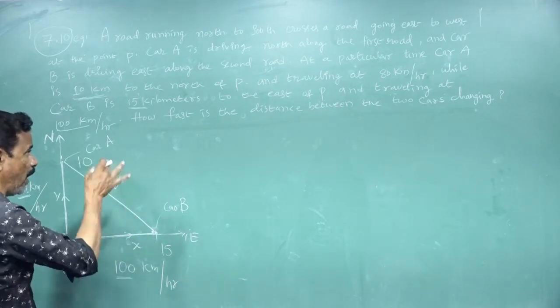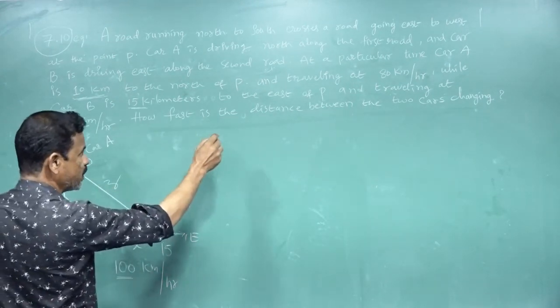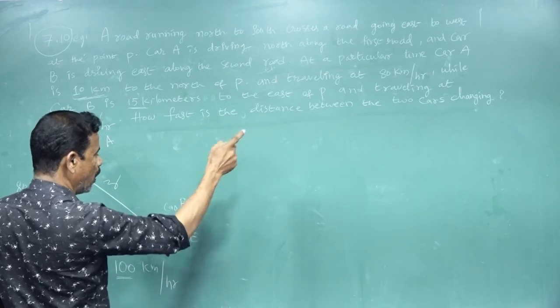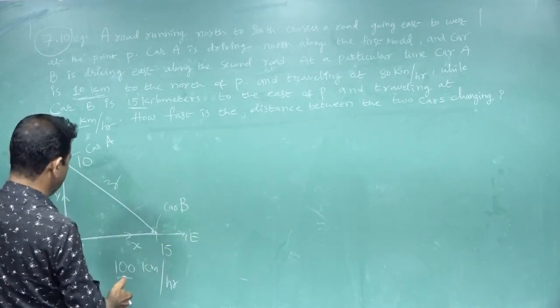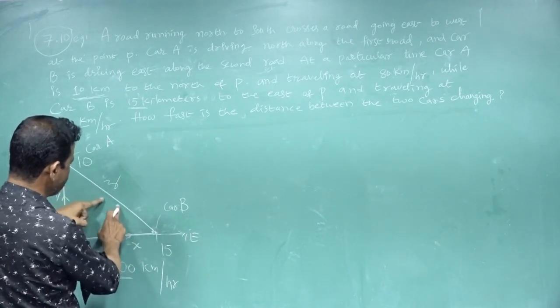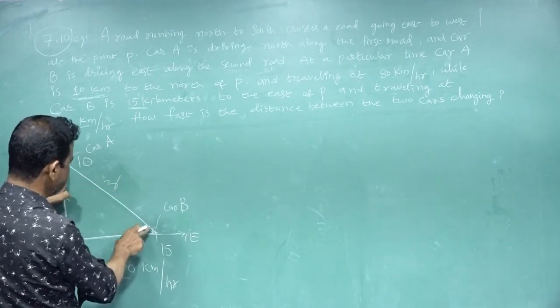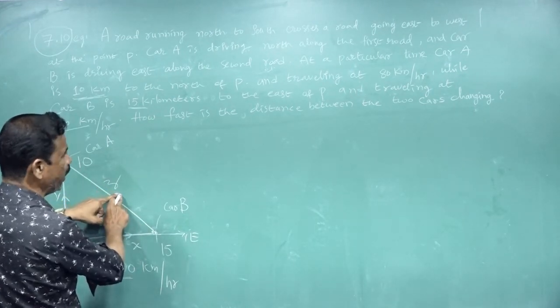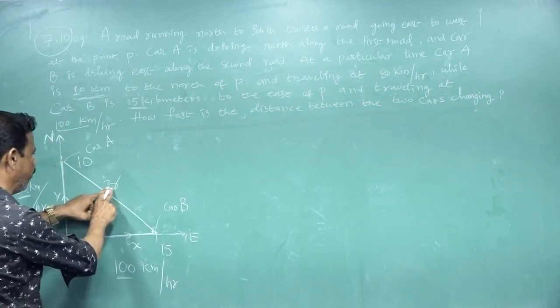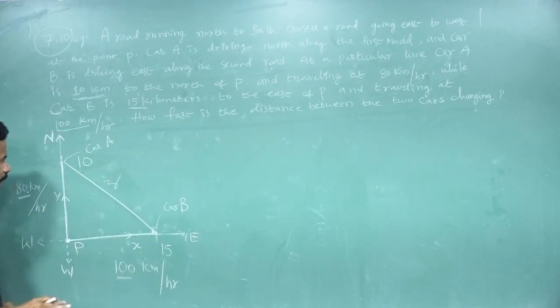So what is his final question? How fast is the distance between the two cars changing? The cars are going right and upward, so how much does this distance Z change? So dz by dt, how much, is the question finally.